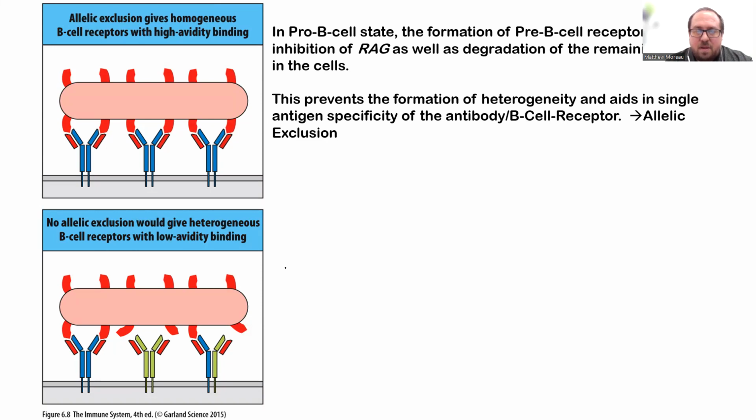So once the B cell receptor has formed in the pro B cell state, the pre B cell receptor inhibits RAG, and again it degrades all the remaining possible looped out DNA and free proteins that are generated through the different recombination events.